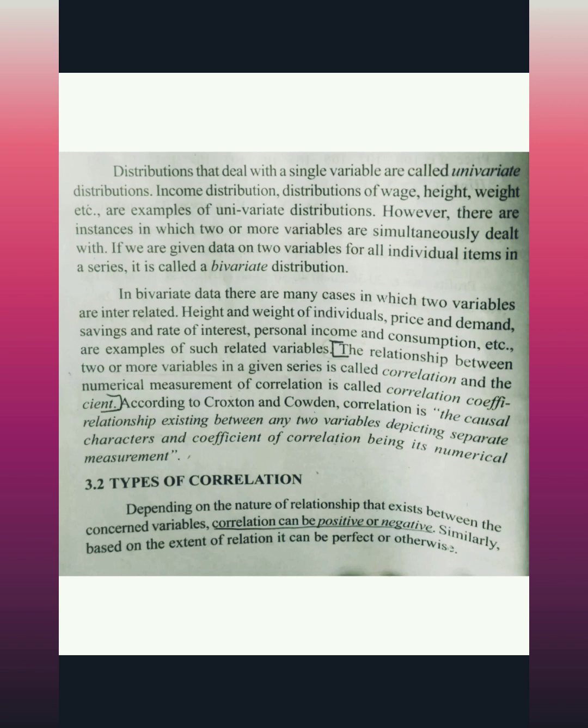So, types of correlation: depending on the nature of relationship that exists between the concerned variables, correlation can be positive or negative. Similarly, based on the extent of relation, it can be perfect or otherwise.